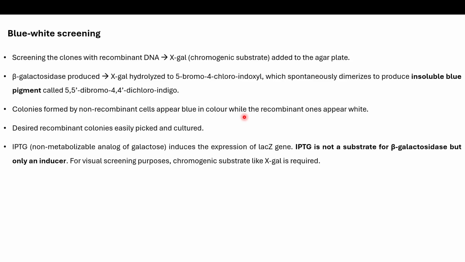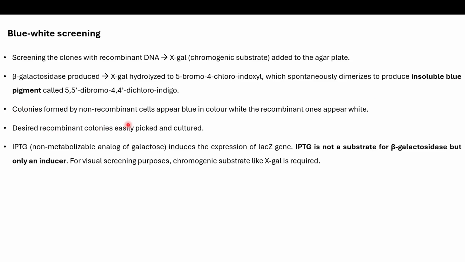However, the ones where the LacZ alpha gene as well as the LacZ mutant gene are able to produce their respective peptides, alpha peptide and omega peptide, will eventually form the functional beta galactosidase enzyme, which can act on this X-gal substrate to form the insoluble blue pigment.